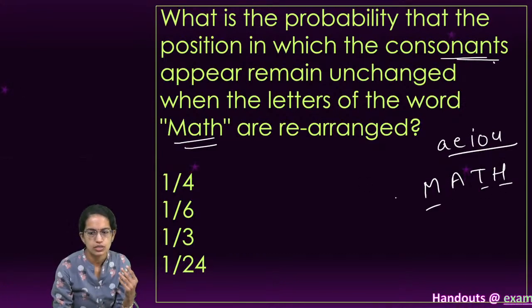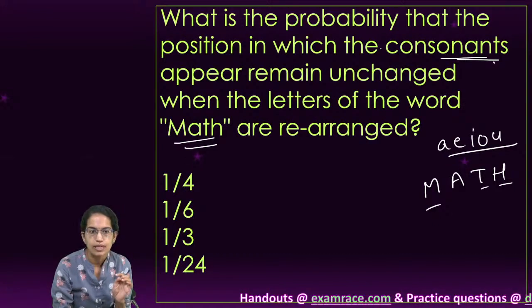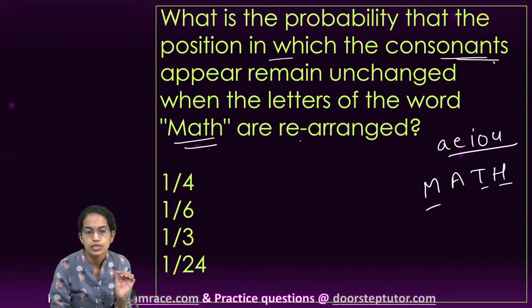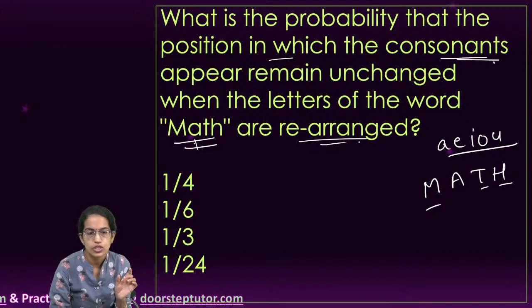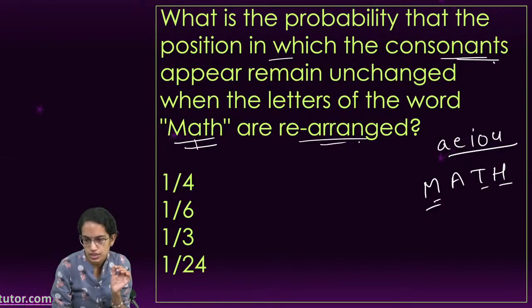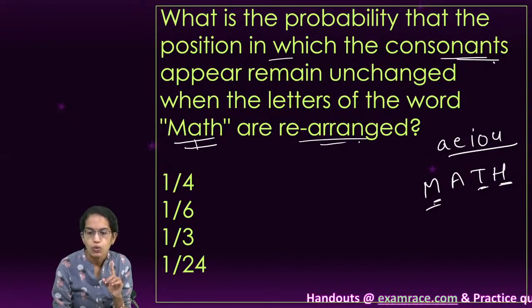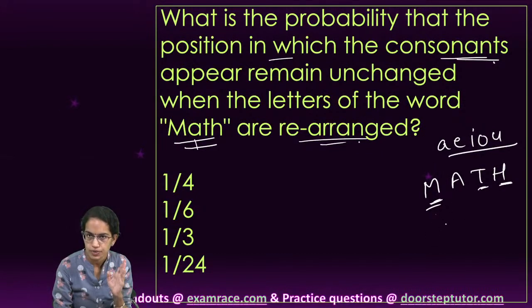3 consonants. Now, you have to find out the probability that the position of the consonants is unchanged. So this is at the first position, third position and fourth position. Now position is important here. Now how can the first position be occupied? Any of the letters can come in the first position.